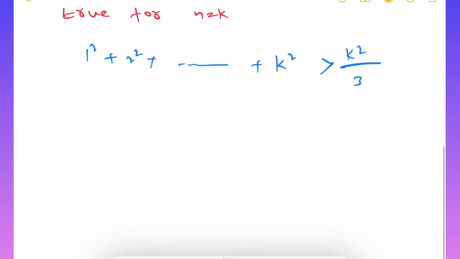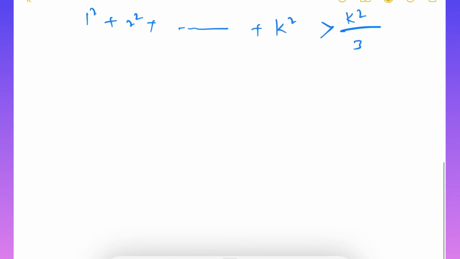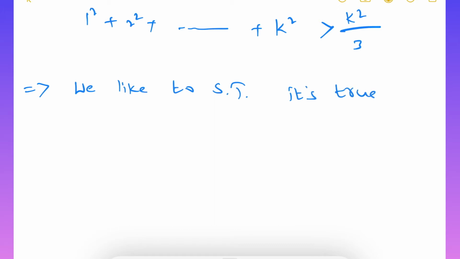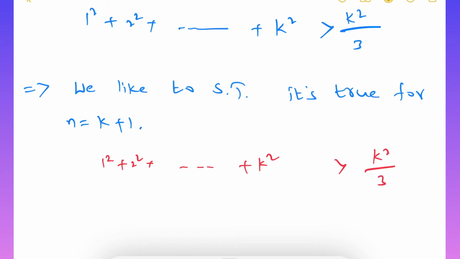Okay, now let us move to the third step. We would like to show that the statement is true for n equals k plus 1. For this, I will take the second step, that is 1 square plus 2 square plus and so on plus k square greater than k square by 3.